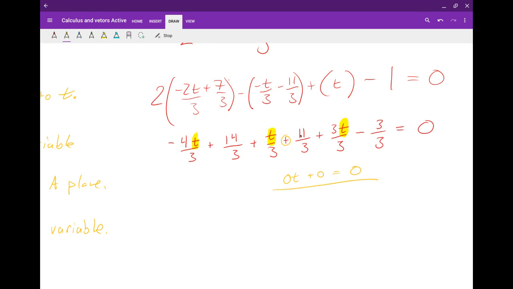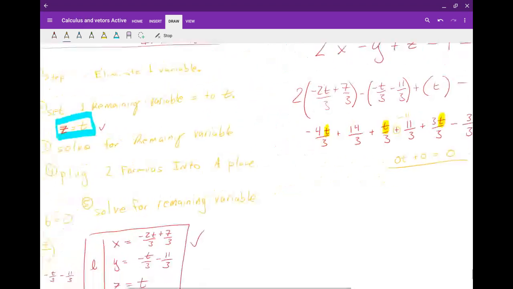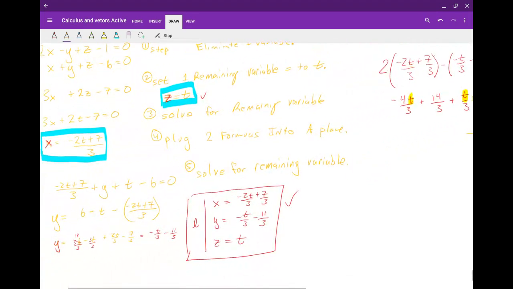If this were a negative 11, I would get negative 11 minus 3, which would end up being a negative 14 thirds plus a positive 14 thirds, which ends up being 0 equals 0, which is always true. Regardless of your t value, every point on the line is on our plane. So let's go investigate and see why I'm supposed to be getting a negative 11 and I did not.